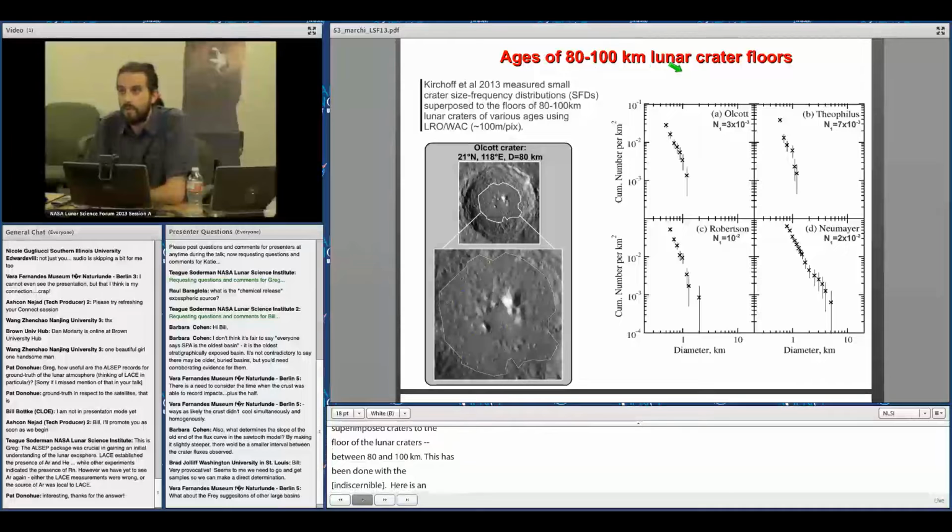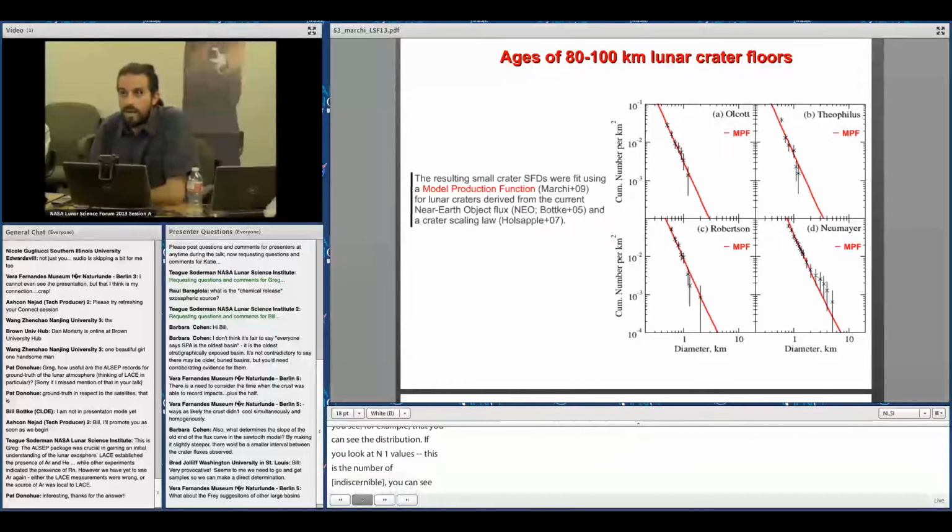In these 4 panels, you can see the crater size frequency distribution. What is interesting here is the N1 values, where N1 stands for the cumulative number of craters larger than 1 kilometer. You see that we are measuring terrain with different crater densities, which would imply different ages.